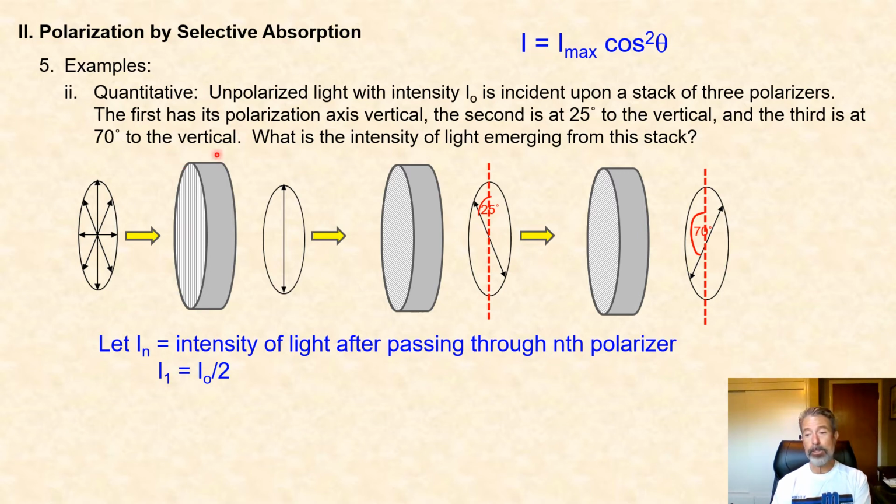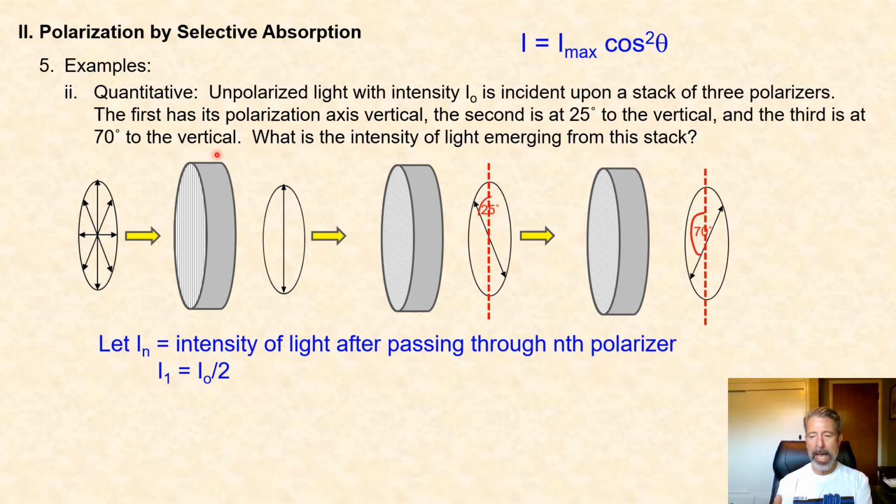You just have to know this as a fact: when you let unpolarized light fall upon a Polaroid filter that we call a polarizer, it will selectively absorb all of the electric field vectors in one dimension and allow the transmission of only those electric field vectors that are in a perpendicular dimension.